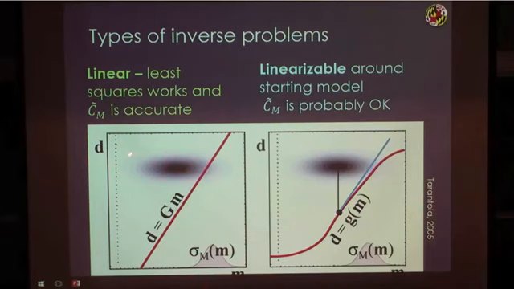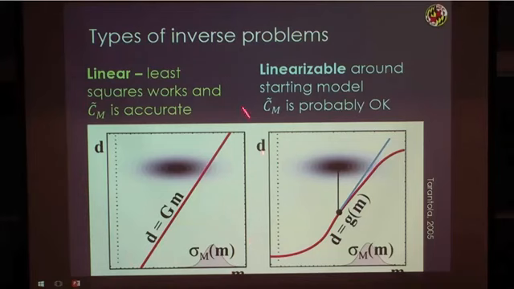In other words, how uncertain your data measurements are and what they are. And now you have a relationship between the data and the model which is linear, so we can write it as a matrix multiplication. It defines this line, and then we go along that line and figure out what the highest likelihood region is, and we collapse it down into the model space, and that's our answer with the uncertainties in the model space.